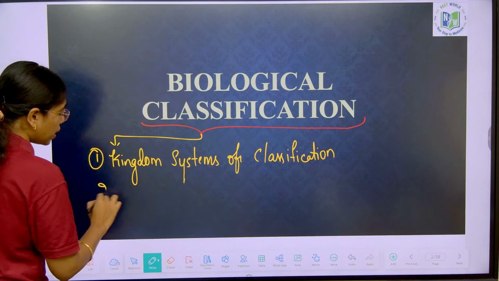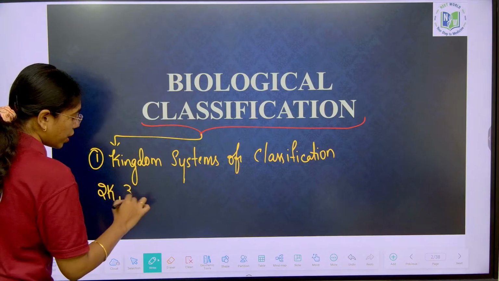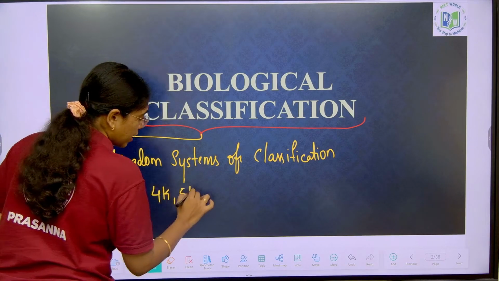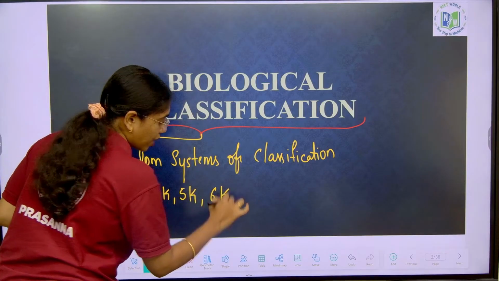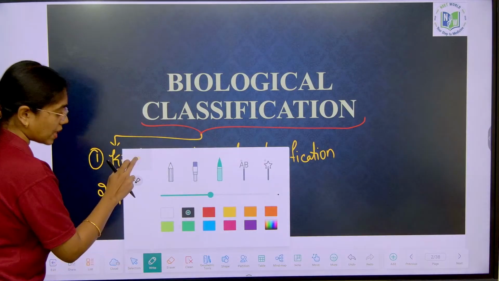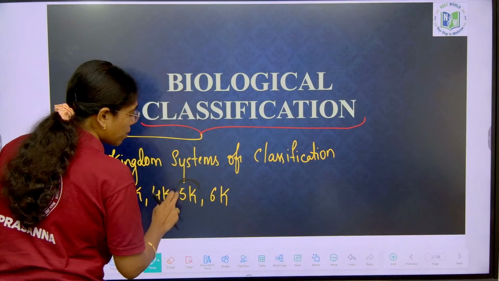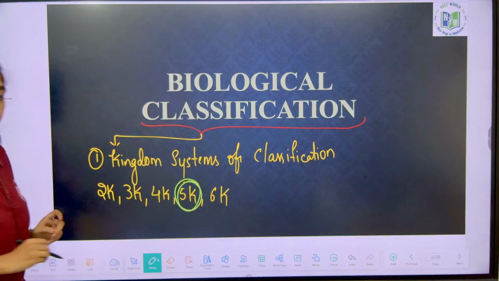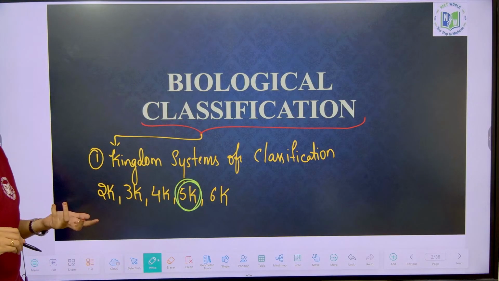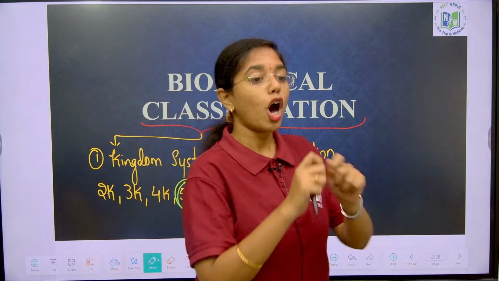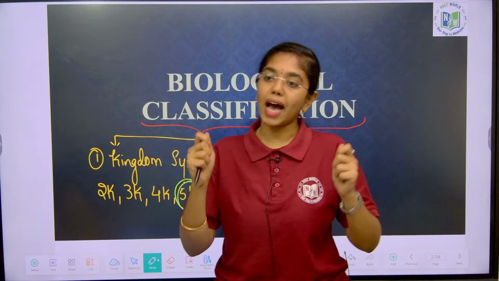Likewise, what will we learn? 2 kingdom, 3 kingdom, 4, 5, 6 kingdom system of classification, of which the widely accepted system is the 5 kingdom system of classification. Why is it widely accepted? Because in the 5 kingdom system, phylogenetic or evolutionary relationships are considered.